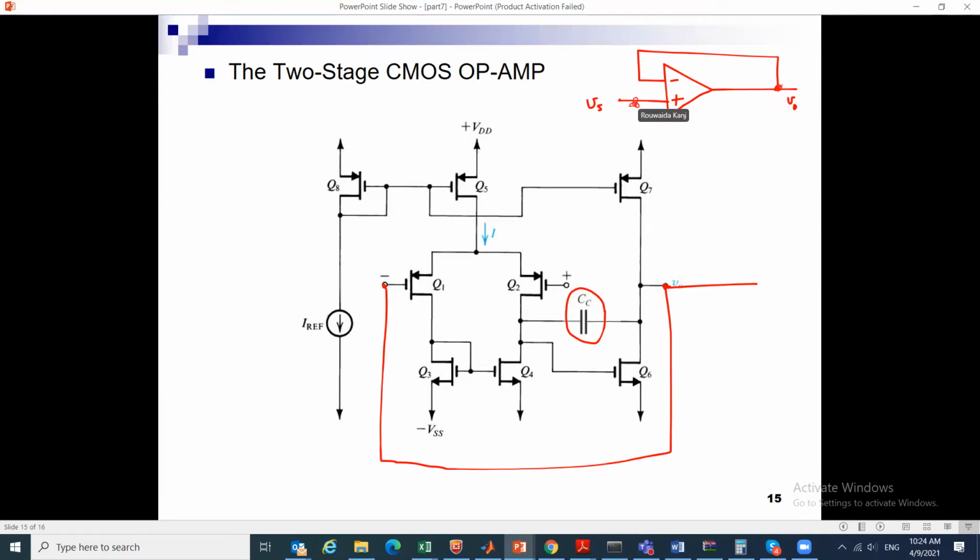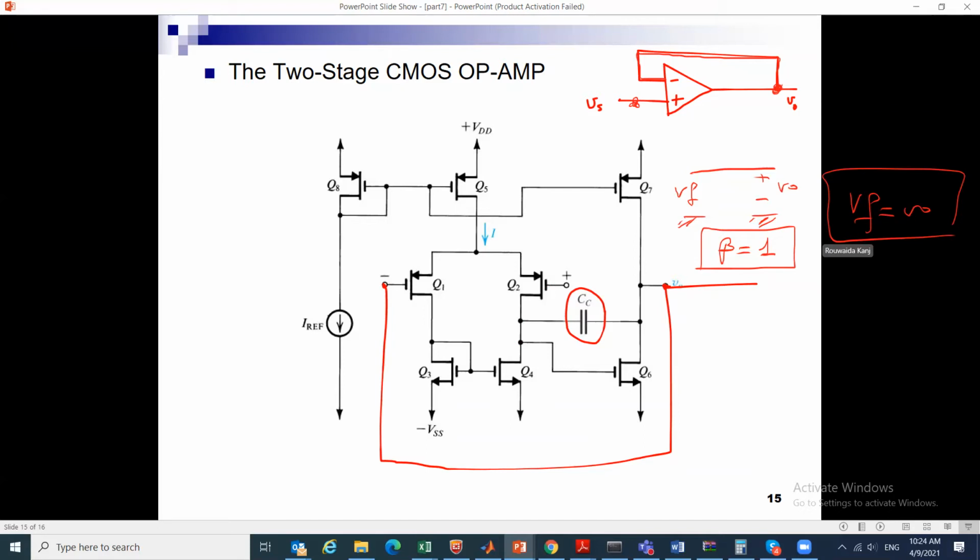But from inspecting the feedback, what is the feedback? If this is unity, and I have feedback like this, this is VO and this is VF. What is VF equal to? What is the beta ratio? Exactly. So beta is equal to 1, right? Because VF equals VO.